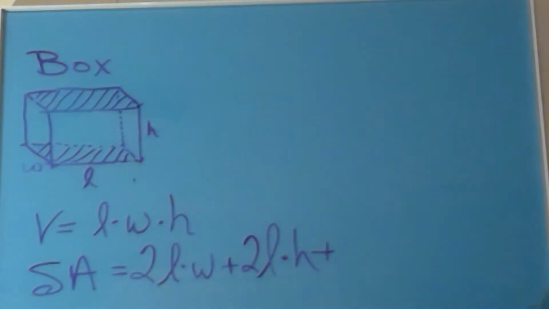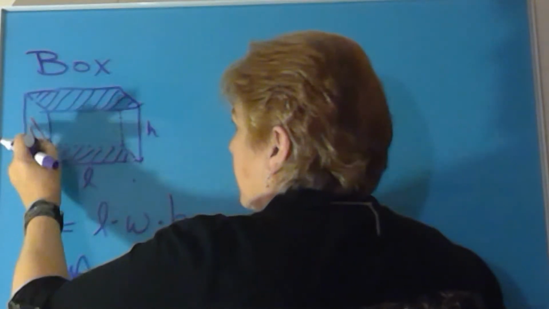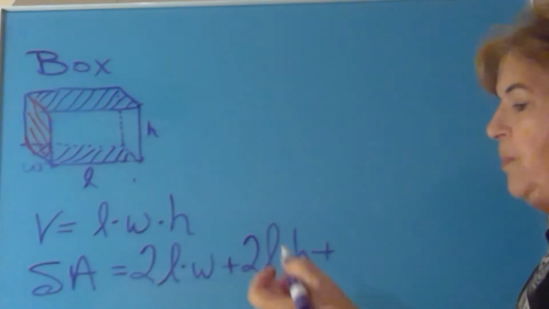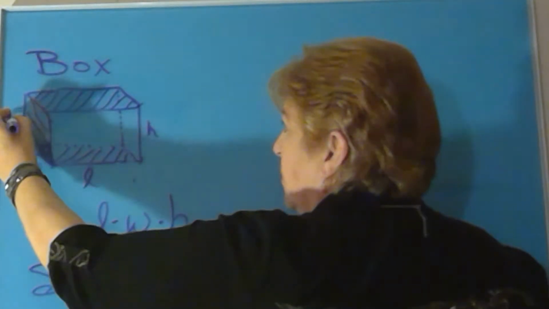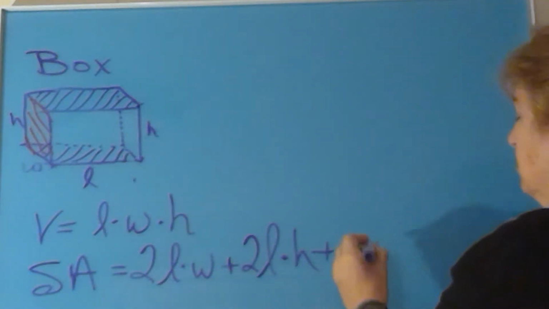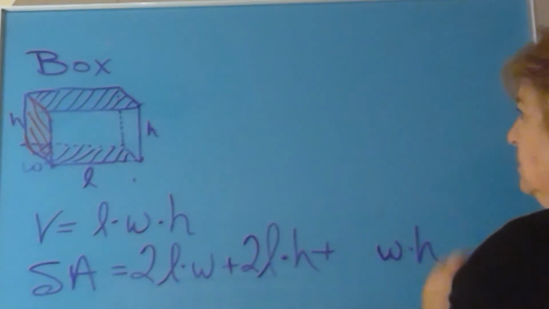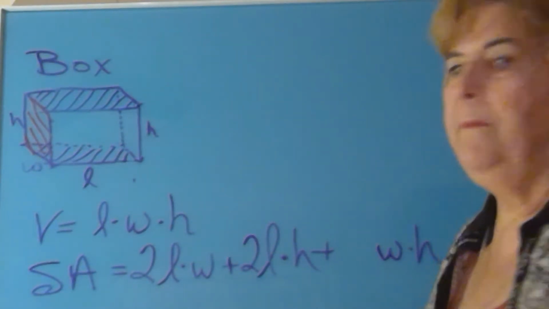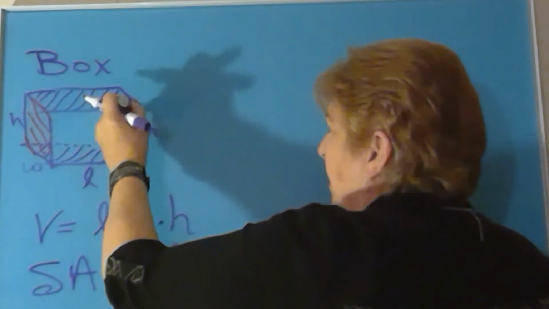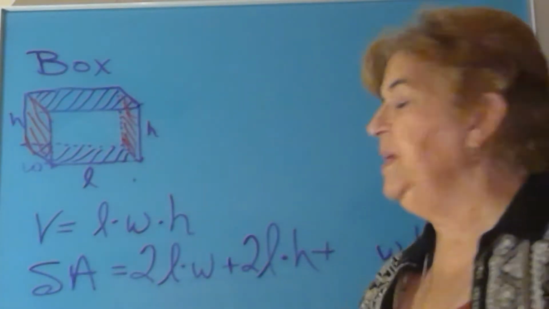And then the last thing we have is this end. And the measurements of that, this is still the height over here. So that would be width times height. But that end and that end are also going to be the same.